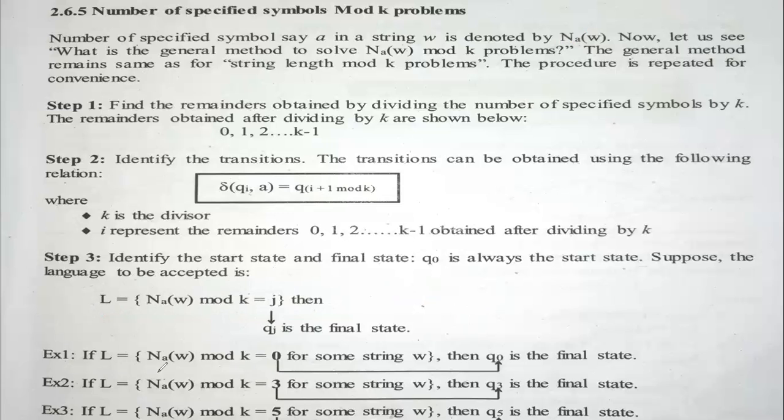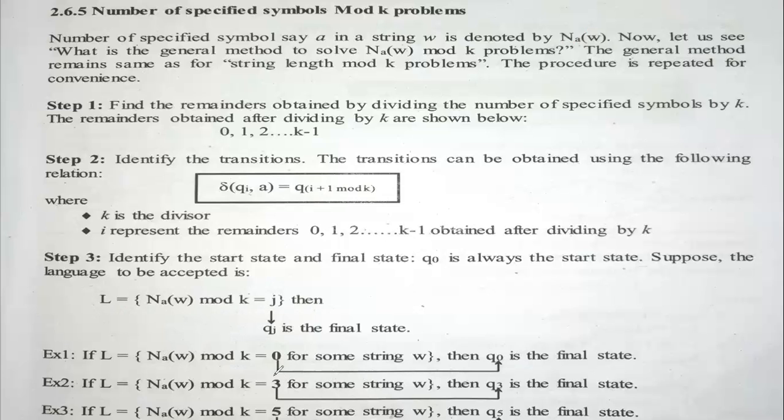Observe here: if L is equal to number of A's inside this string, mod k equal to 0, meaning find the number of A's inside W divided by this k value. If you are expecting remainder 0 for the word to be accepted, then Q0 will be the final state.